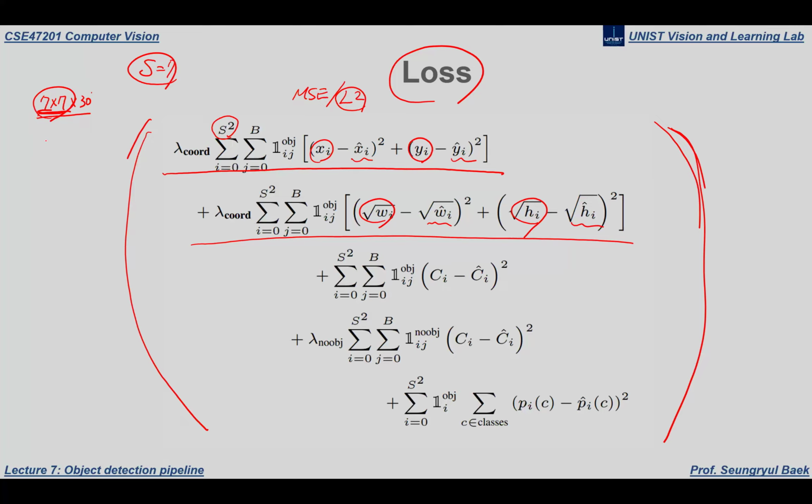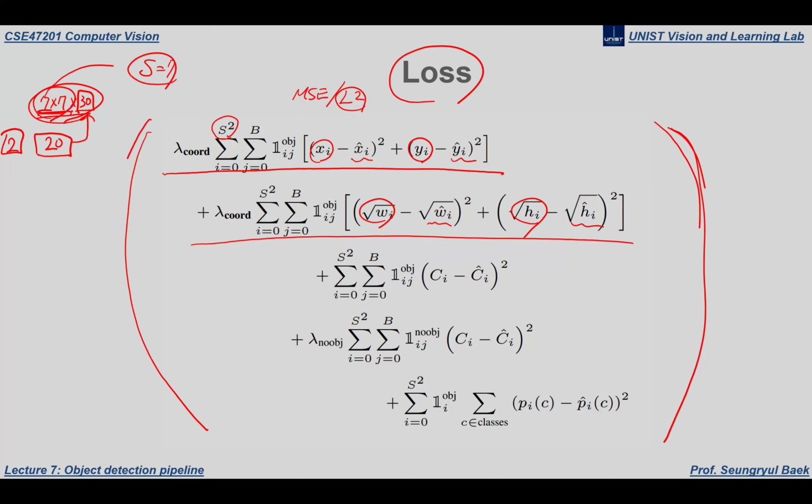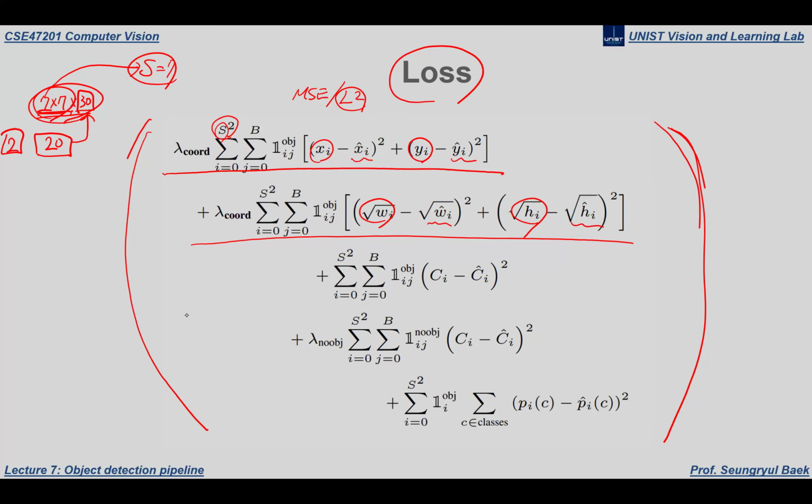And also, I mentioned that they use this 30-dimensional output because they are estimating 2 bounding boxes for each grid cell, and they have a 20-class classification problem, right? But of course, this could also be changed, and these values change as a result. Okay, so you can change these hyperparameters, and because of that, in the loss functions they denote the 7 as S rather than just stating 7, and this B denotes 2.